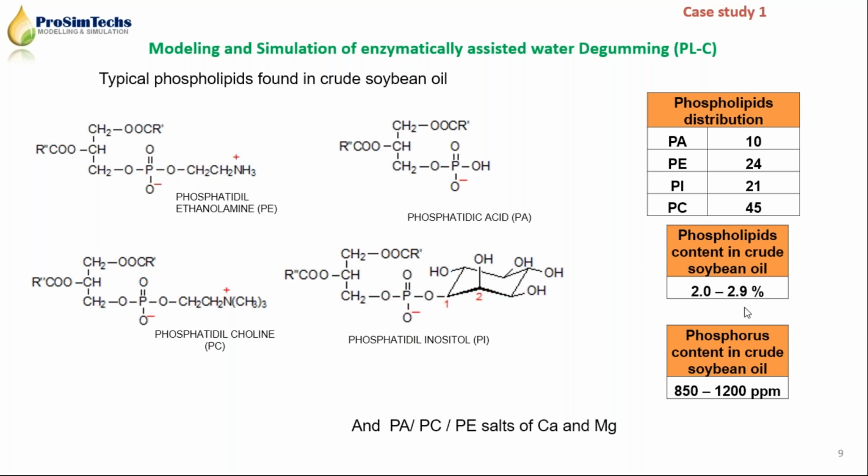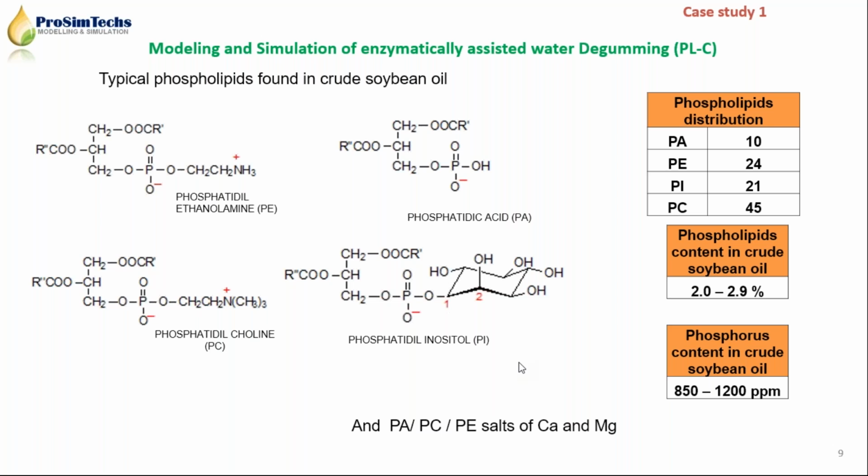So this is the composition, but as we already know, we typically express the phospholipid content in oil as phosphorus content, analyzing the phosphorus content in the crude soybean oil.